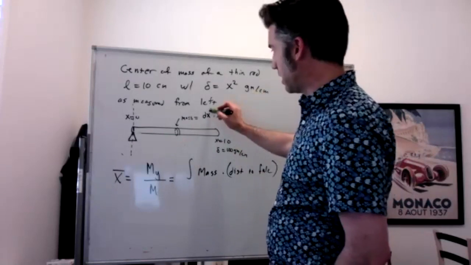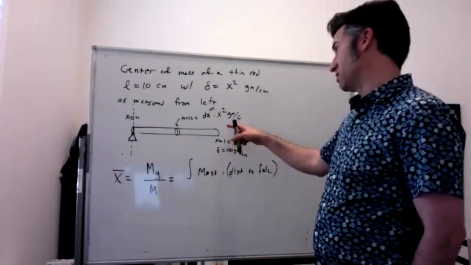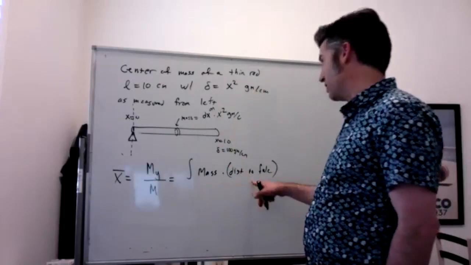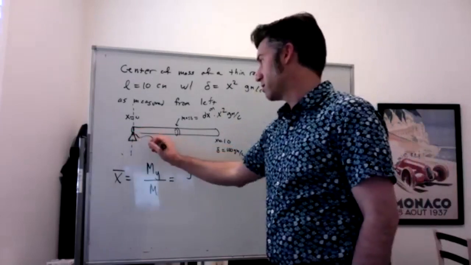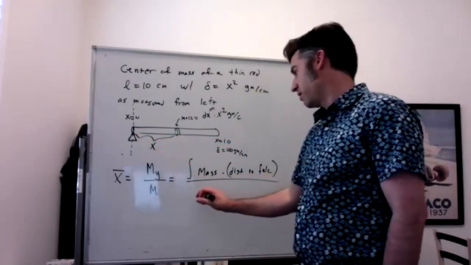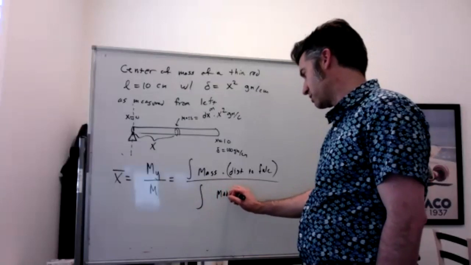It's dx centimeters times x squared grams per centimeter. So that mass there is going to be x squared dx grams. And the distance is going to be just x, divided by the mass, which is just the integral of the mass of our slice.